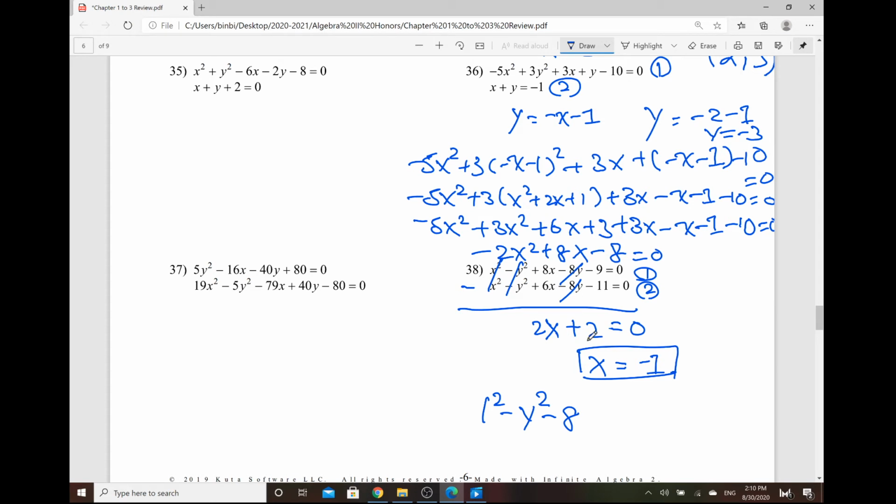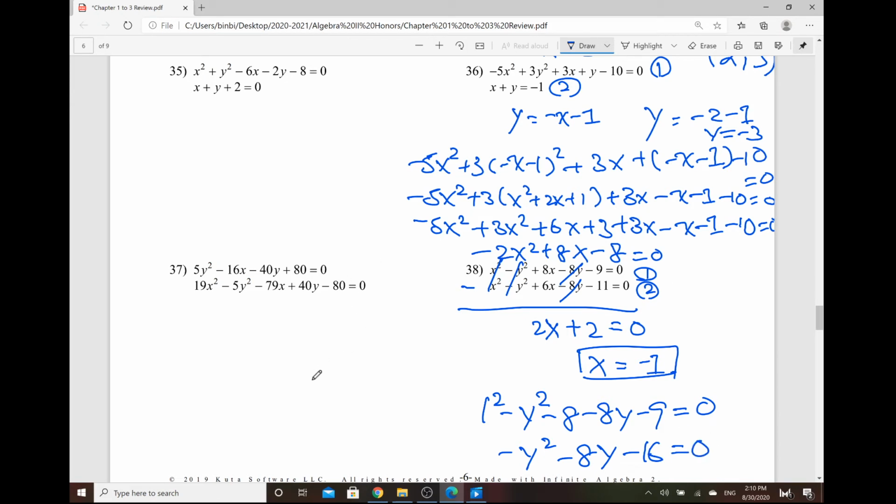And then negative 8y minus 9, so that equals 0. And then solve for y, so this one is a quadratic, so it's negative y squared minus 8y. So 1 minus 8, that's negative 7, so negative 7 minus 9, so negative 16.